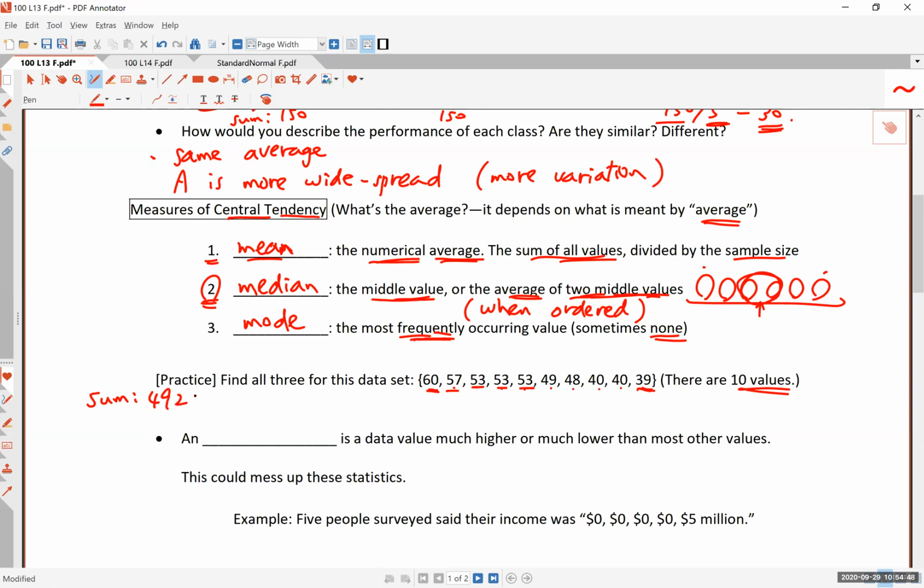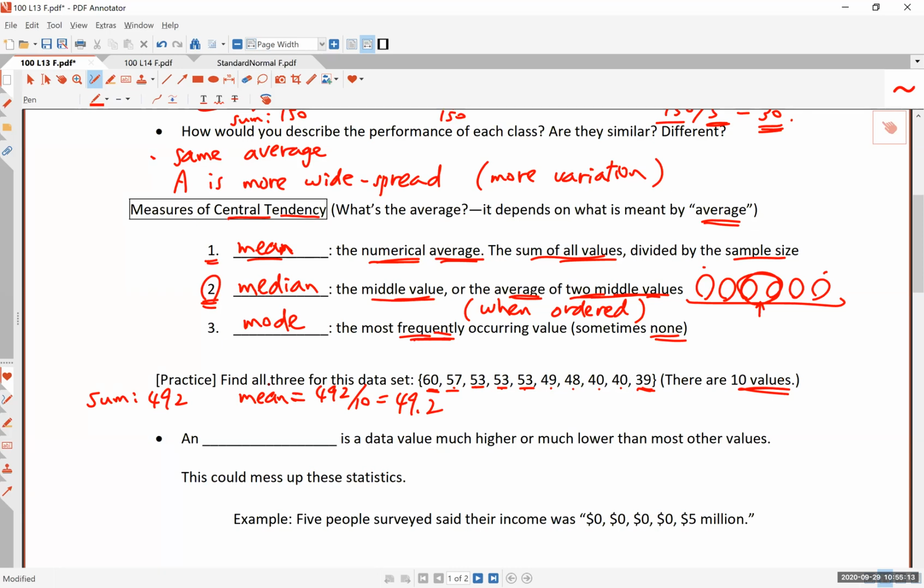Okay, I strongly encourage you to take your calculator out and add up all of these 10 numbers, and you'll find that the sum is 492. All right, so that means the mean is going to be 492 divided by, remember you have 10 values, right? So this will be 49.2, and that is the mean for this data set.